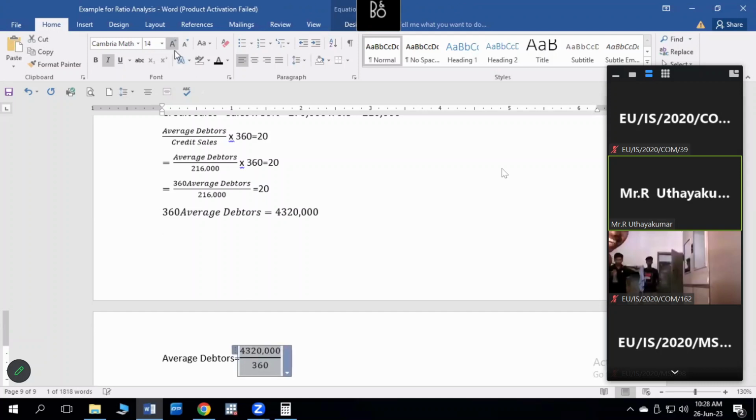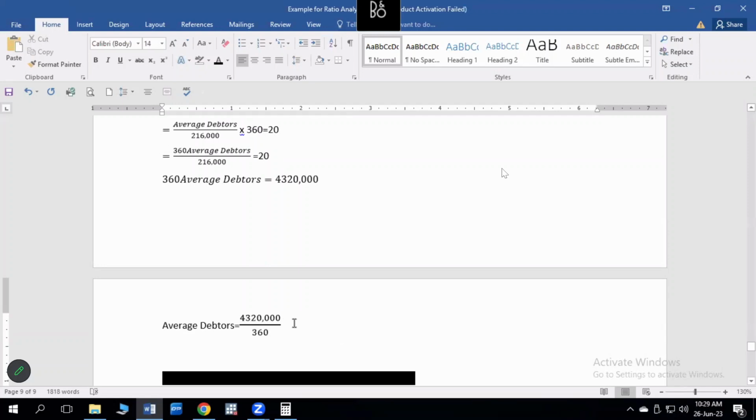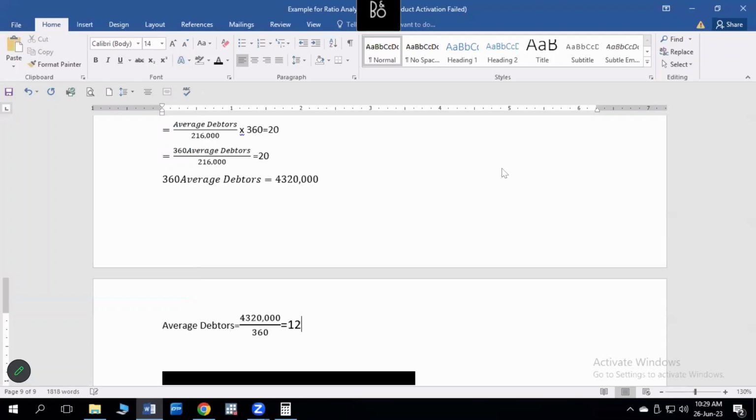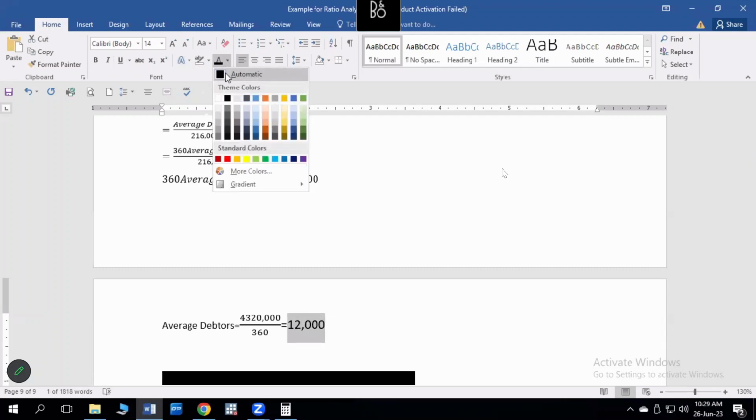What is the thousand over 360? You can get it. Then which is equal to 12,000. So your answer is average debtors 12,000. Your 12,000 is coming.